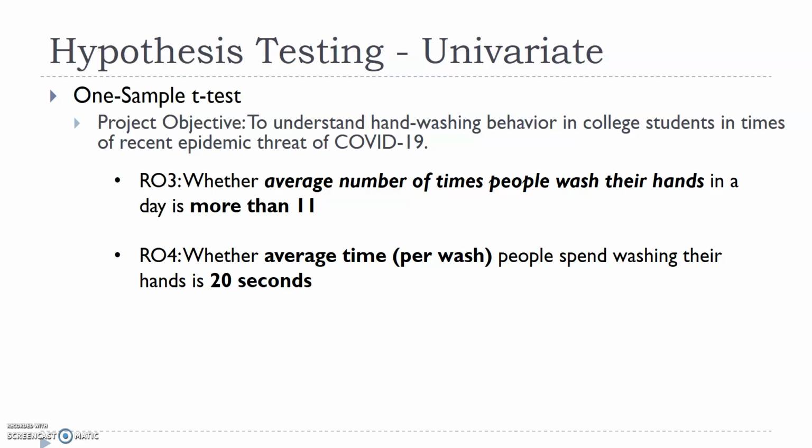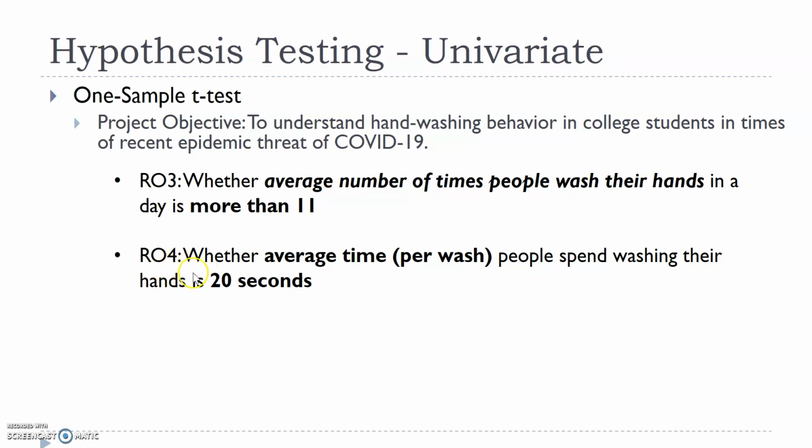In this particular case, whenever I want to understand whether it is greater than 11, it will be a right tail test. If I wanted to understand if the number is less than some number, let's say less than 15 or less than 16, then it could have been a left tail test, right? So that is the property of a one-tail test, right tail or left tail.